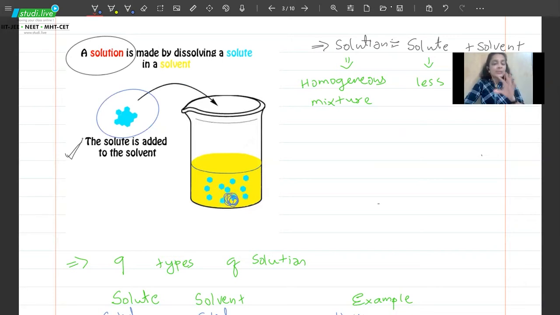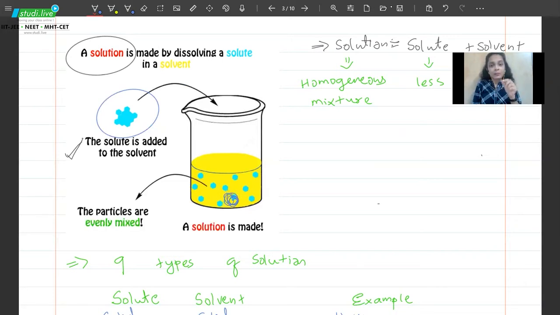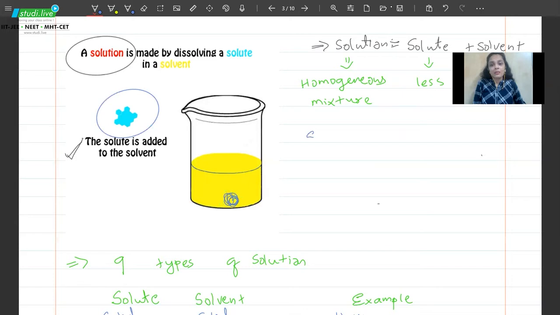Yes or no? There's a maximum limit. And at that point, we are going to name it the saturated solution.